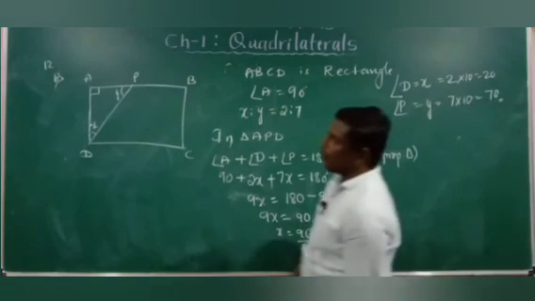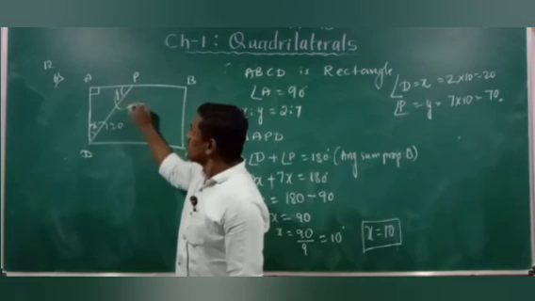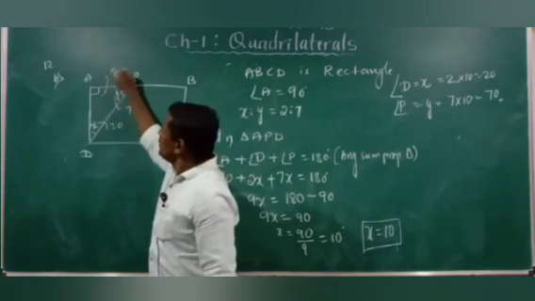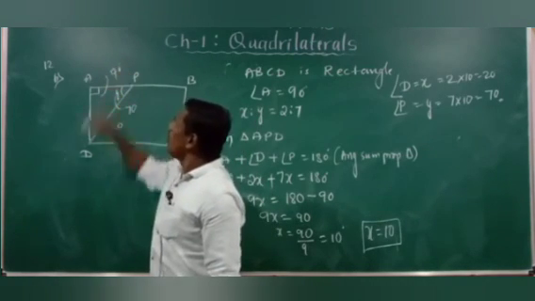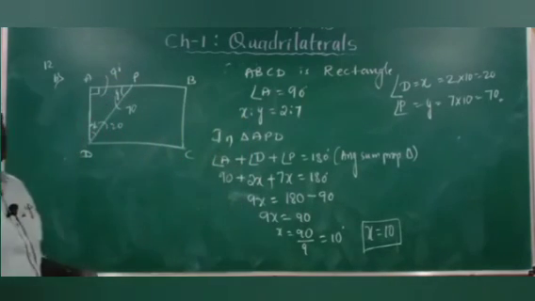By adding all these angles, 20 and 70 and 90, we get 180 degrees.